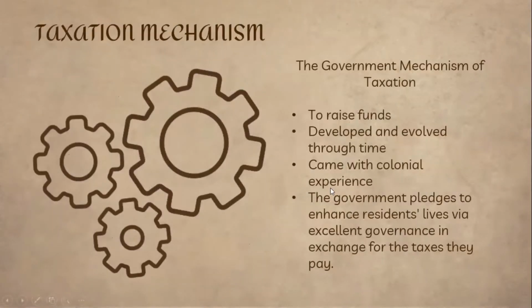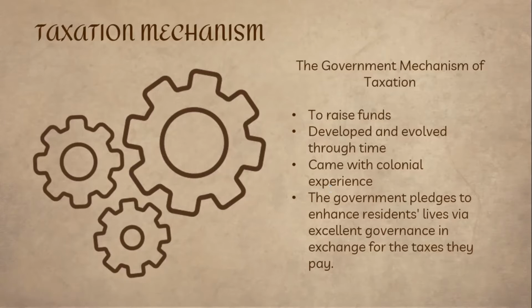Taxation mechanism. It is the government mechanism to raise revenue from the people they govern to be able to fully function the government. In exchange for this payment, government pledges to enhance residents' lives via excellent governance.